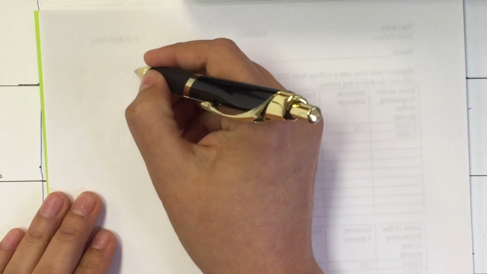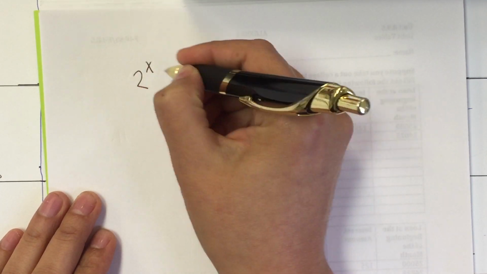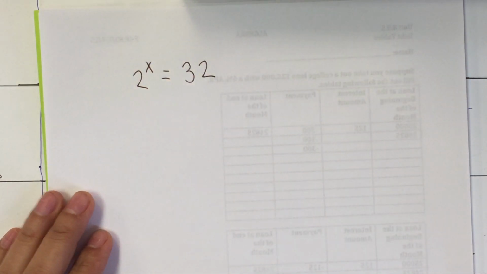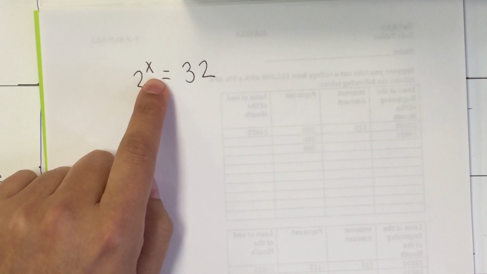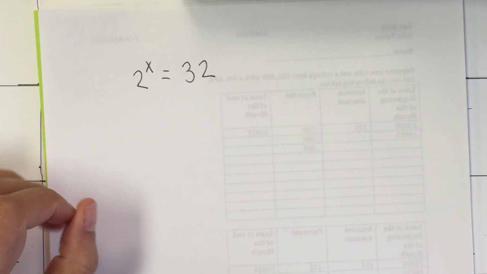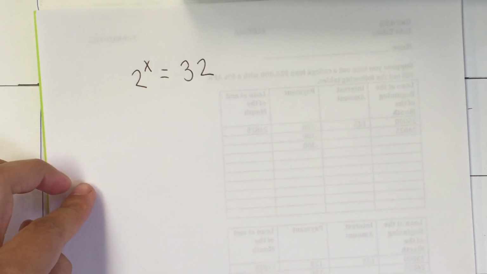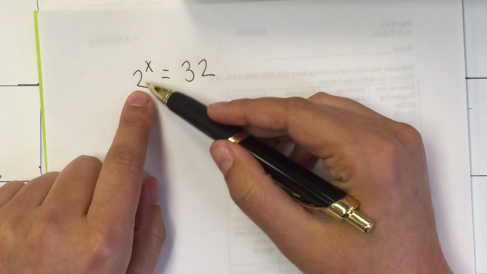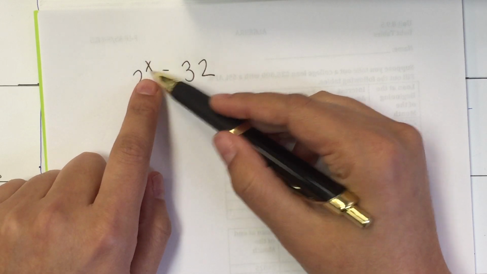So, what would 2 to the x power be if we know that the answer is 32? What's the value of x? So this is telling me how many times do I need to multiply the 2 times itself to get 32.